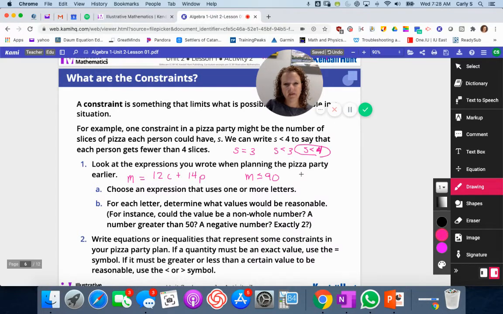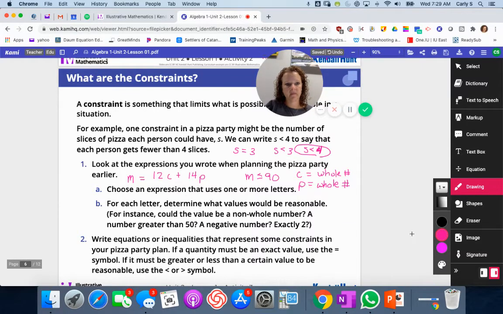That doesn't have to be a whole number, but C does. C is the number of cheese pizzas. It has to be a whole number because we can only buy whole pizzas. And P is the number of pepperoni pizzas. It has to be a whole number. All right, so those are 2 constraints that we would have to talk about, right?